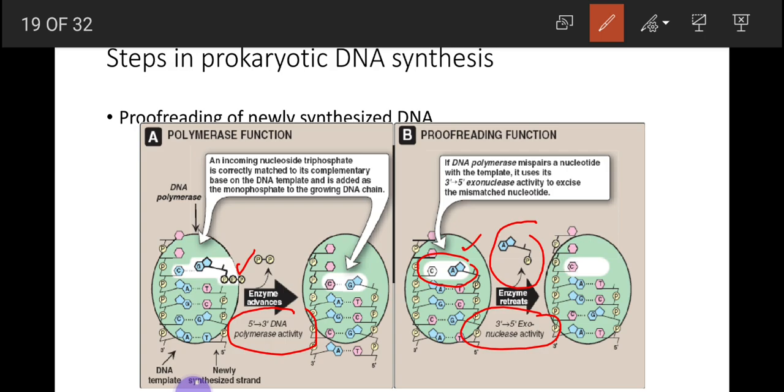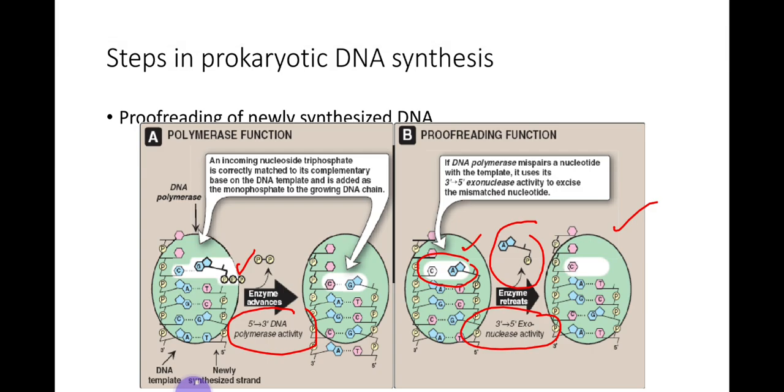This exonuclease activity will excise the mismatched nucleotide, and then the 5' to 3' polymerase activity will bind the correctly matched nucleotide.